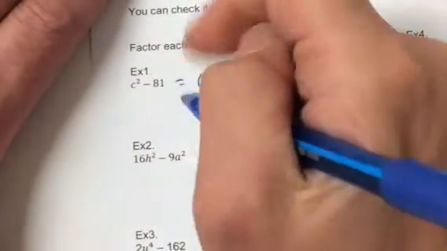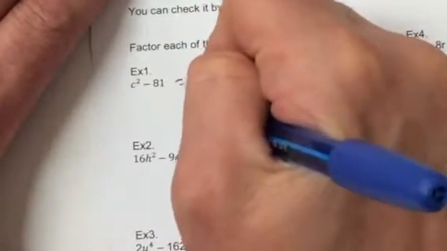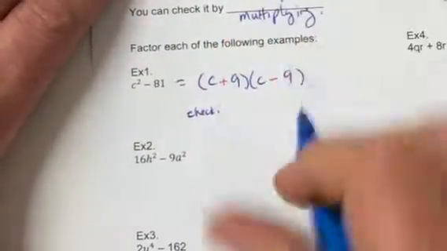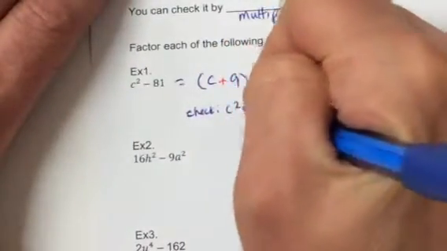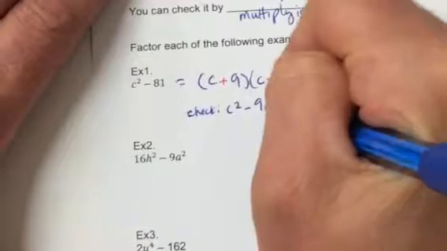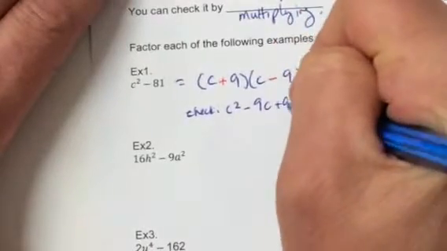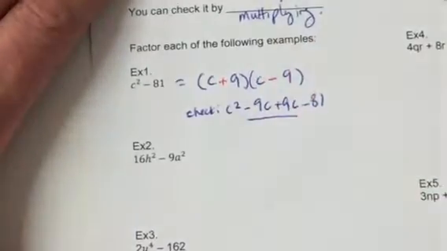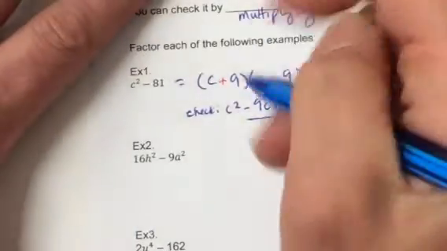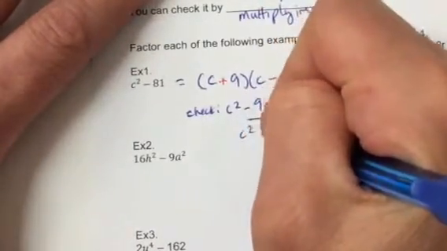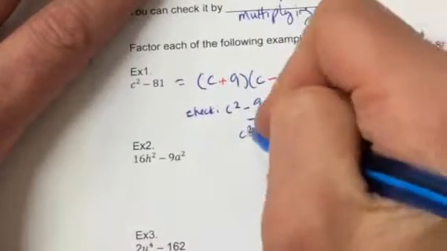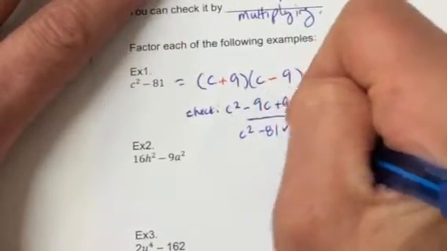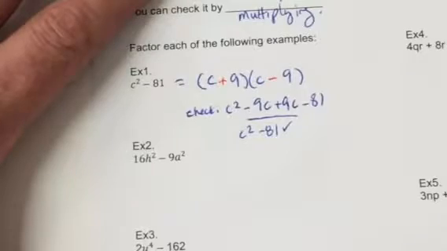Okay, now remember we can check these. So let's just do a quick little check. If we multiply it out, we get c squared minus 9c plus 9c minus 81. What's going to happen to our middle terms? They zero out. So it just becomes c squared minus 81, which is what we started with.